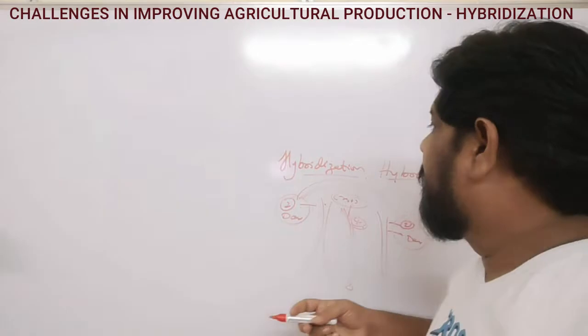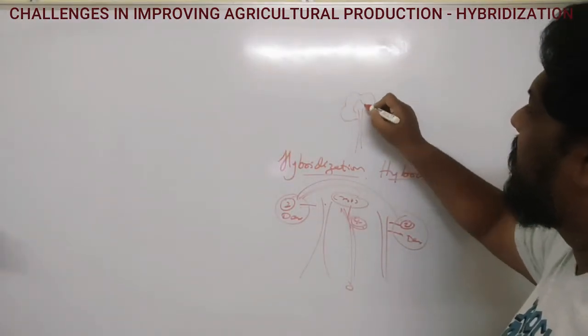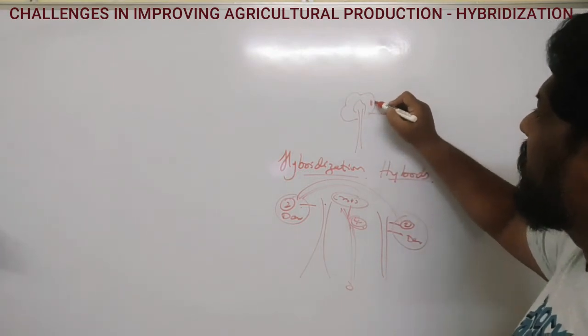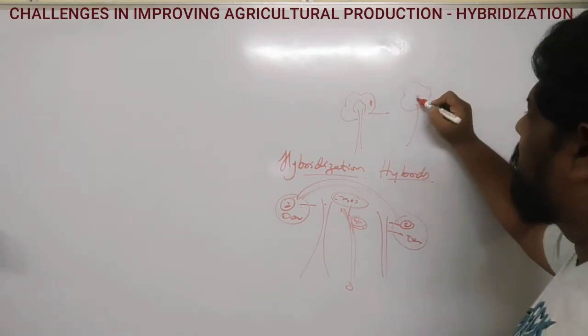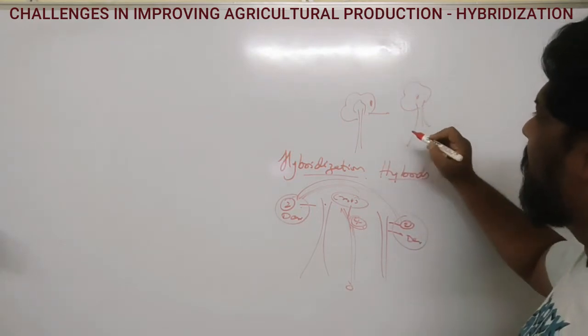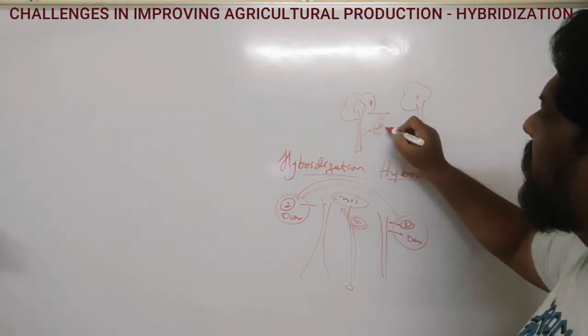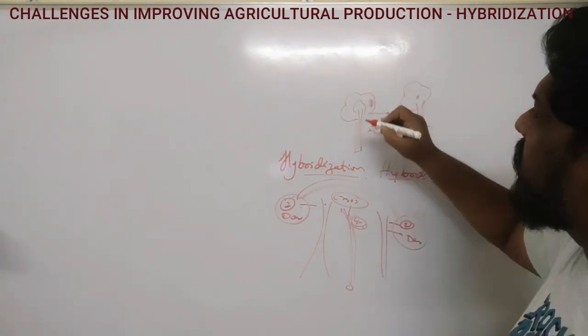For example, let me tell you this one. Just assume that there is a mango tree here, and this mango tree has fruits, right? And now you see here, this is also a mango tree. It has fruits, right? But see what the difference is: this particular mango tree is very tall, and the fruit which comes here is a very nice one.